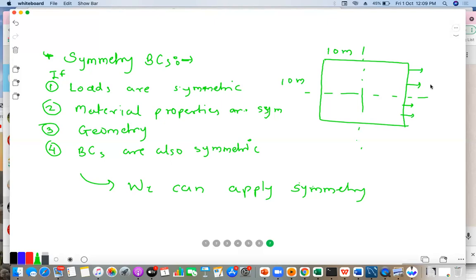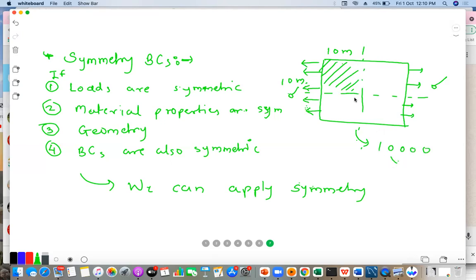Let us say we have some sigma here, and we have some sigma here. This is symmetric. If I apply the symmetric boundary condition, I can take only this part. Initially, let us say I had 10,000 elements.